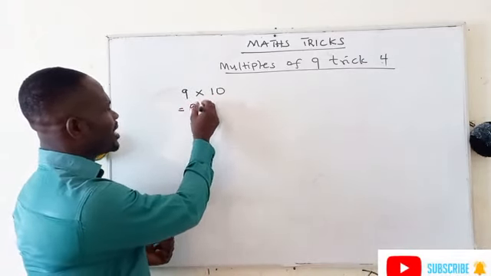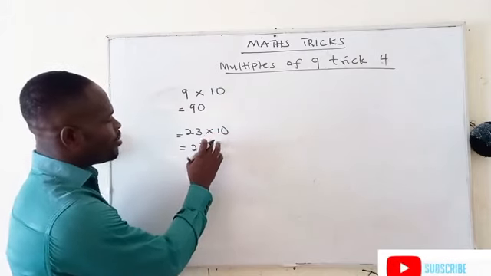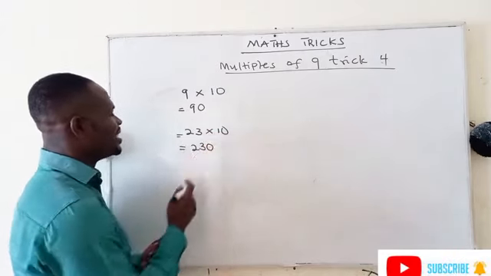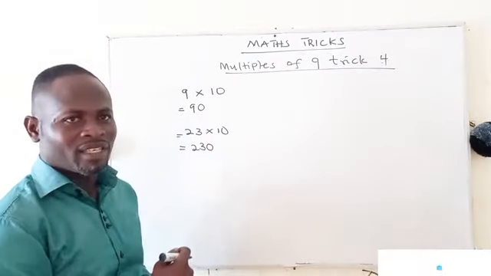The same way, when you have 23 times 10, the easiest way to go about it is you multiply the 1 with the 23, you get the same 23. Then you introduce the 0 there. So 23 times 10 will give you 230.